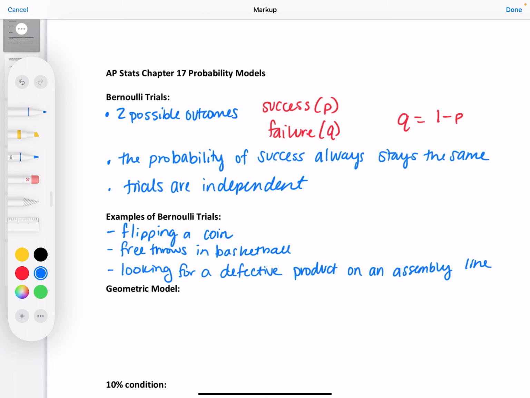The geometric model is modeling the number of Bernoulli trials until the first success.